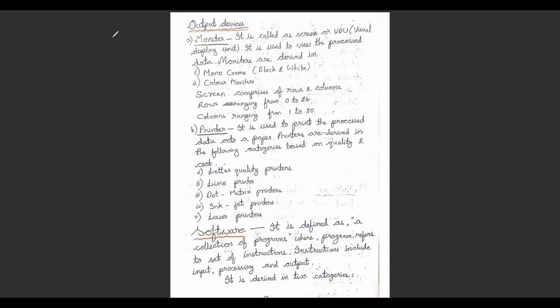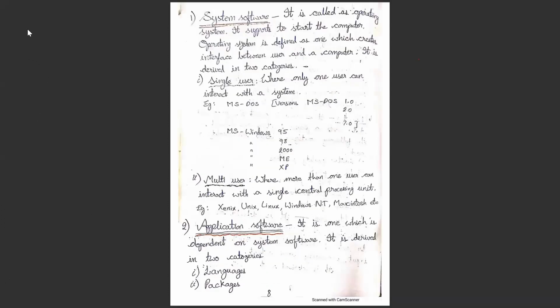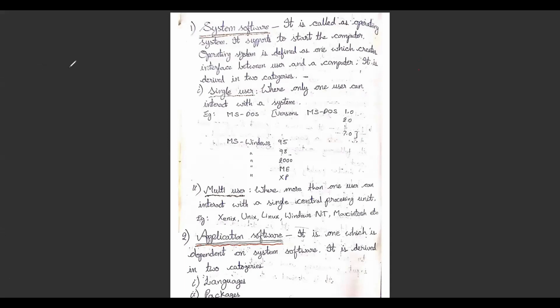Is that point clear? Software is again categorized into two types: system software and application software. What is system software? The operating system, right? It is supposed to start the computer. The operating system is defined as one which creates the interface between the user and the computer. It is divided into two categories, single user and multi-user. The operating system is a bridge between the user and the computer.